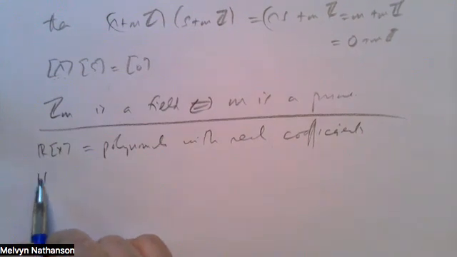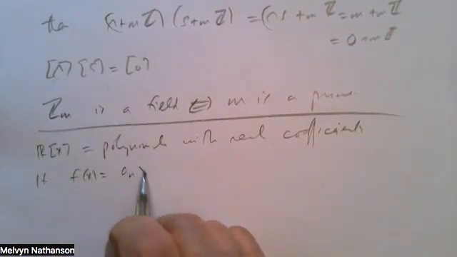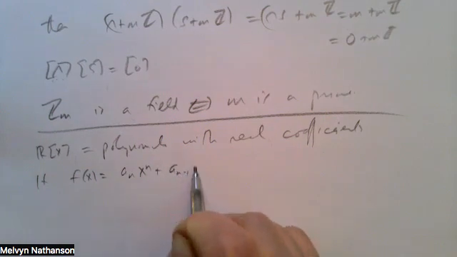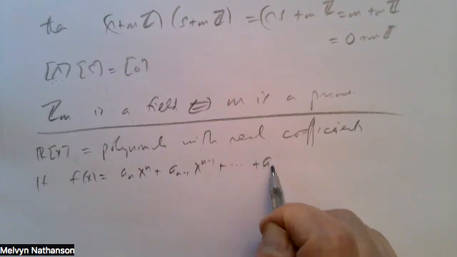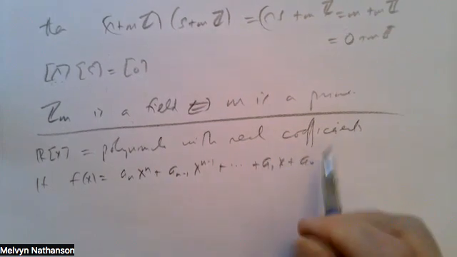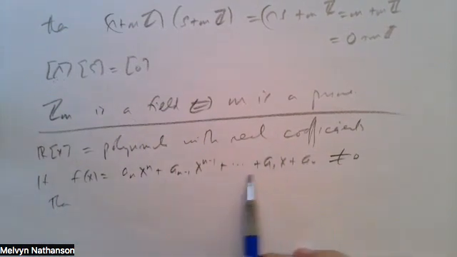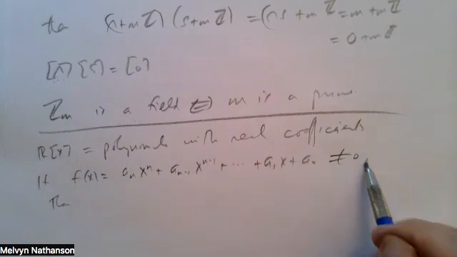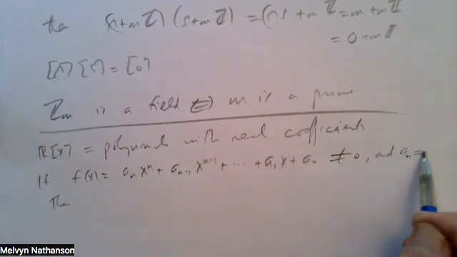And if f of x is a polynomial not equal to 0, then at least one of these coefficients is non-zero. So let's say a_n is non-zero.